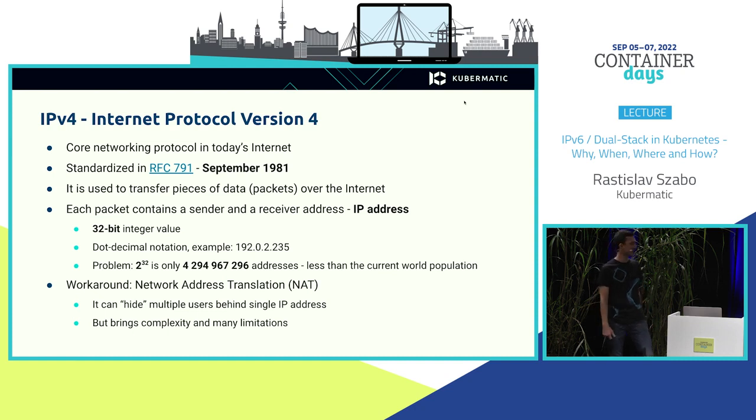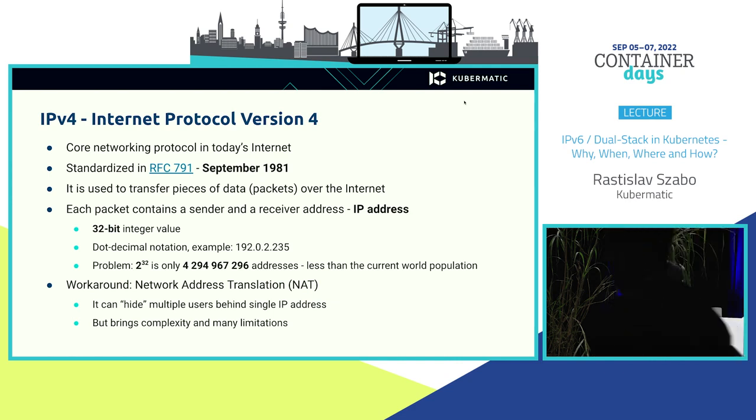So not every device can have its own IP address. And because of this, IP addresses are actually quite expensive nowadays. If you wanted to buy a larger chunk of IP address pool, you would need to pay a lot, and maybe it wouldn't even be possible for your ISP provider.